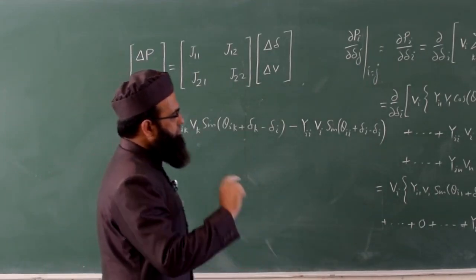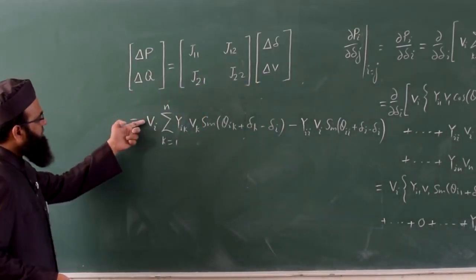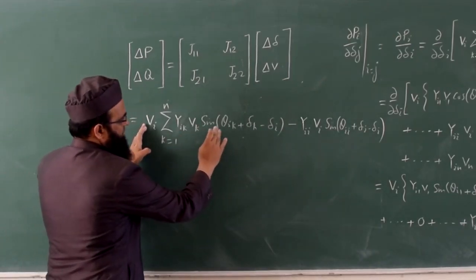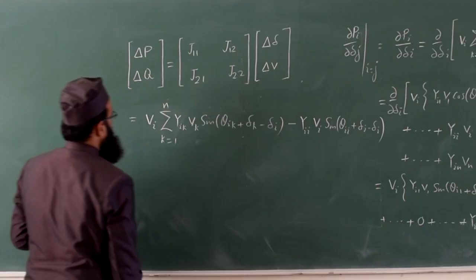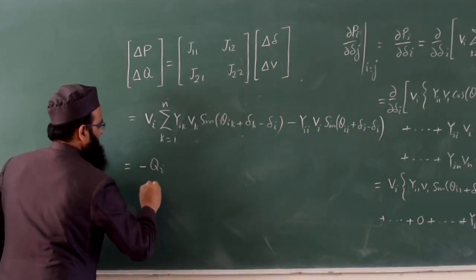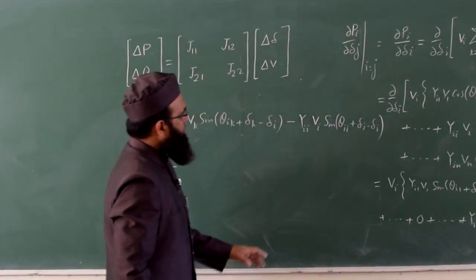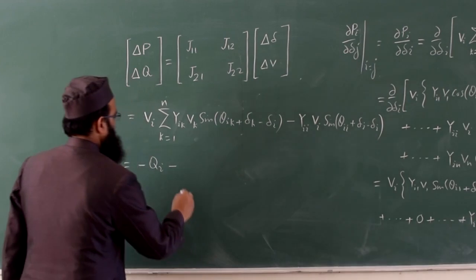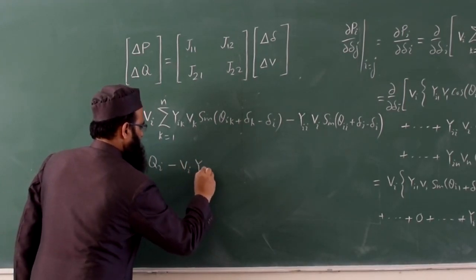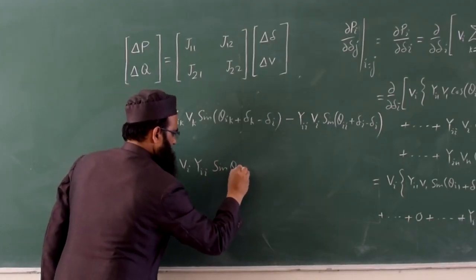See equation B, that is the equation for Qi. Qi has a negative sign here and the same Yik Vk sine of (θik plus δk minus δi). That is why we can write here minus Qi for this. Now this can be written as Vi Yii sine θii.